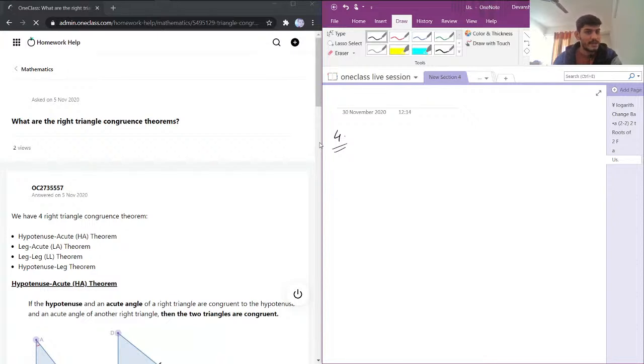So what are right triangle congruence theorems?